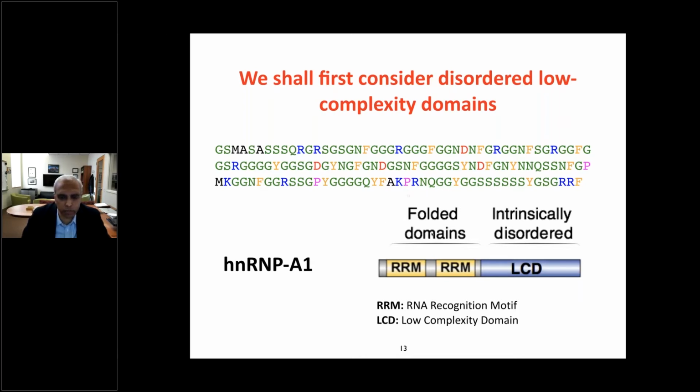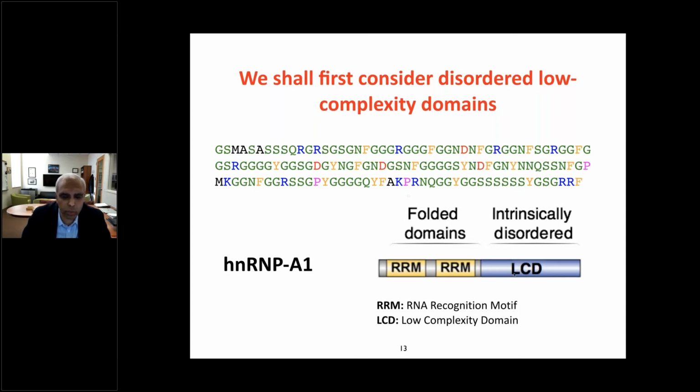But of course, many of these proteins tend to have these so-called low complexity domains and/or intrinsically disordered regions appended to the folded domains. This has led to the somewhat misleading view that intrinsically disordered regions are the primary drivers and sole drivers of phase transitions, and that is hopefully a myth that will slowly fall by the wayside.